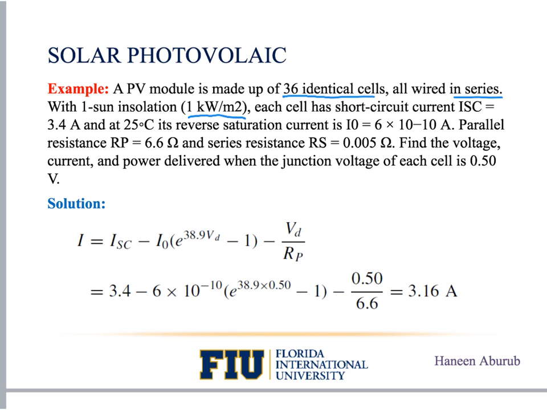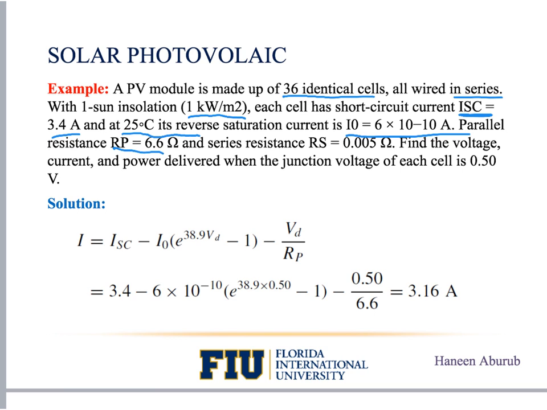Each cell has a short circuit current of 3.4 amps at 25 degrees Celsius, with I naught equal to 6 times 10 to the power minus 10, which is the reverse saturation current. The parallel resistance of the cell is 6.6 ohm and the series resistance is 0.005.